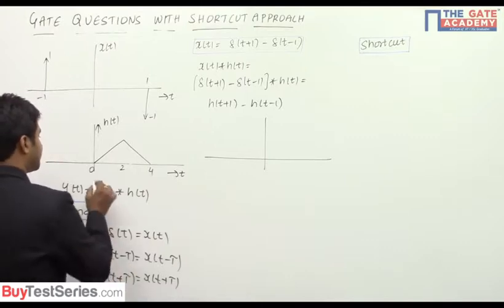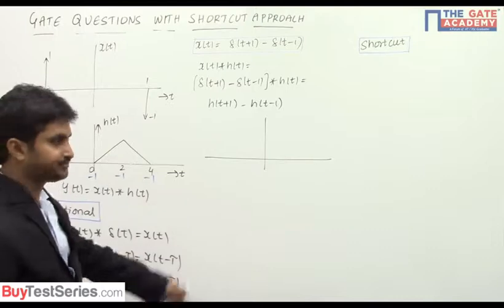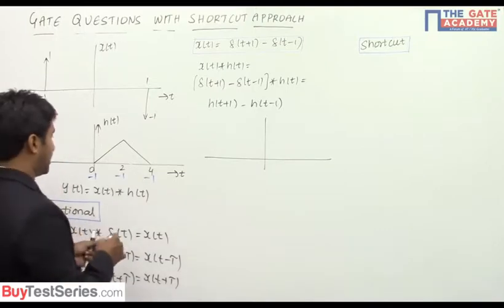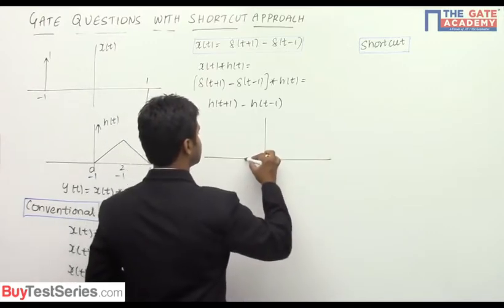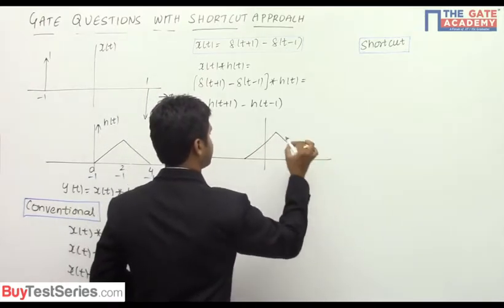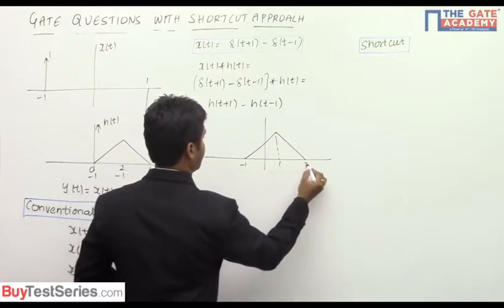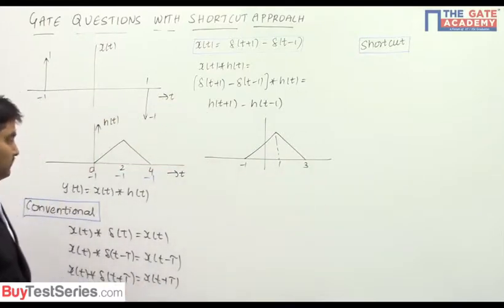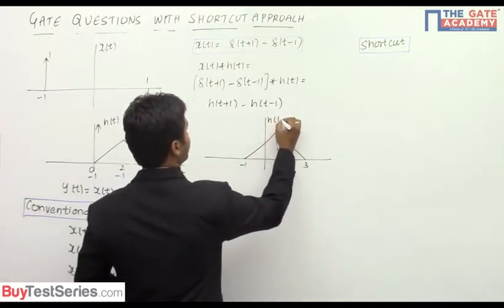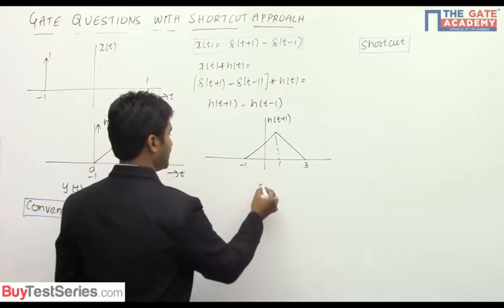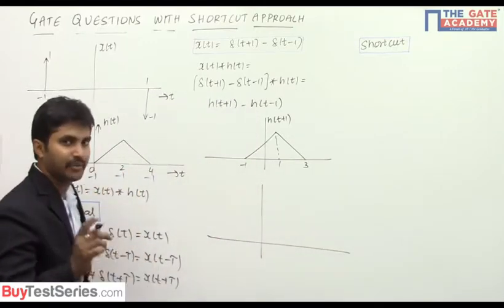So if you want to advance the signal by 1 unit, you will shift the signal 1 unit to the left. So if you shift the signal 1 unit to the left, the resultant signal is going to be something like this. So -1, 1 and 3. So this is nothing but h(t+1). h(t-1) is nothing but the signal h(t) delayed by 1 unit.